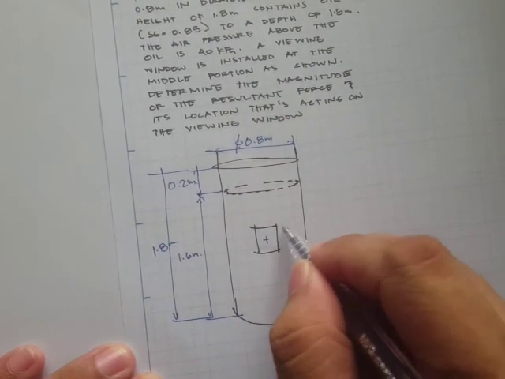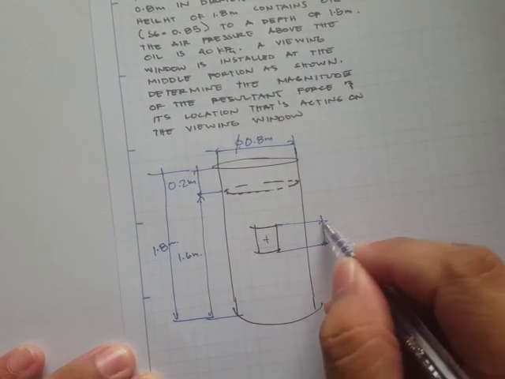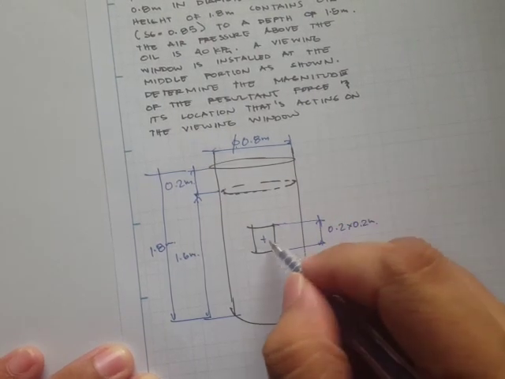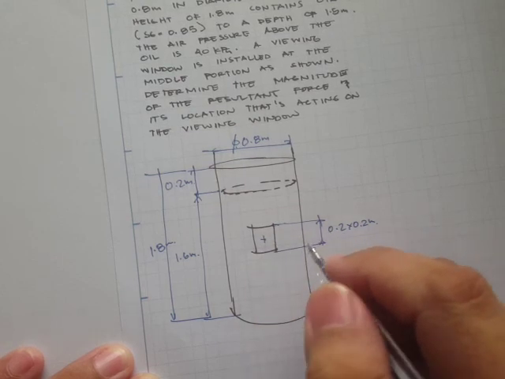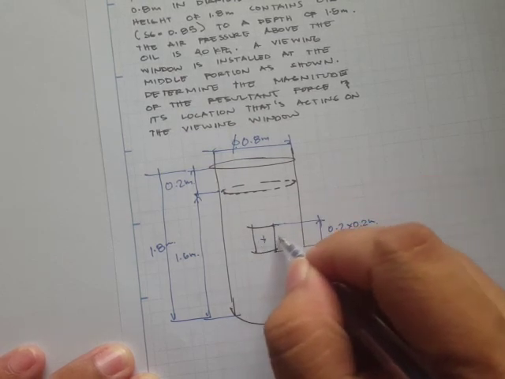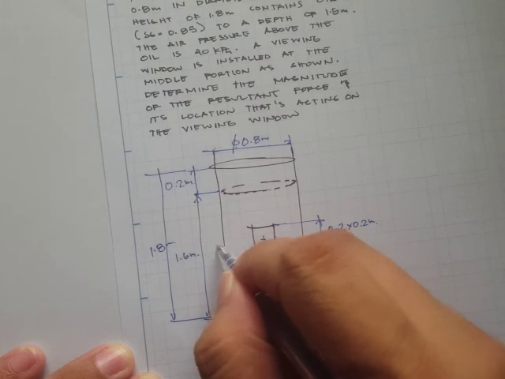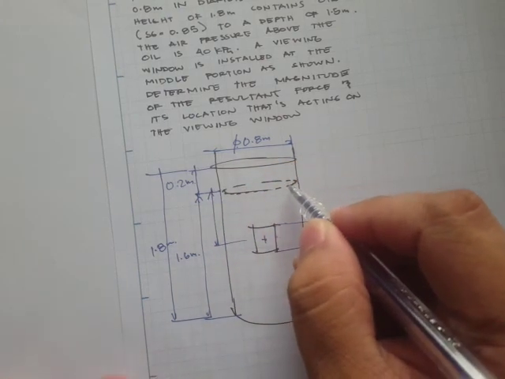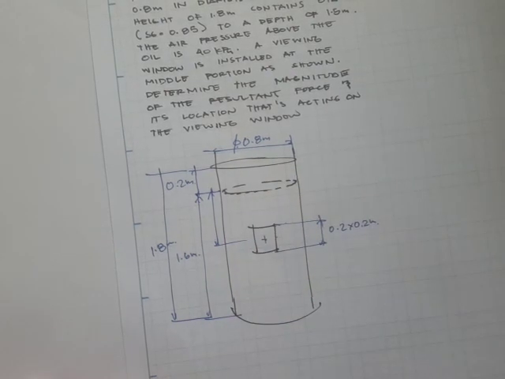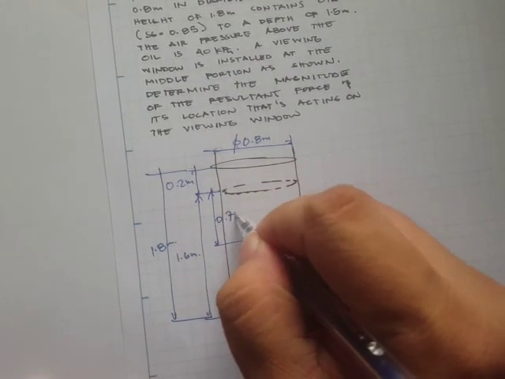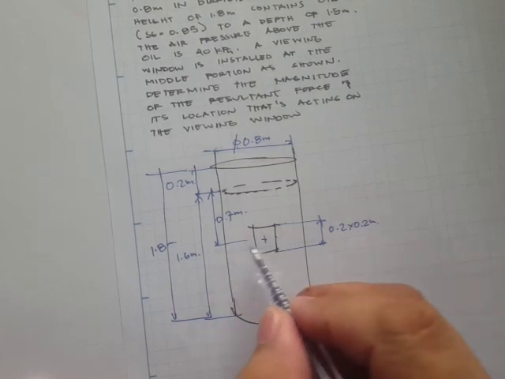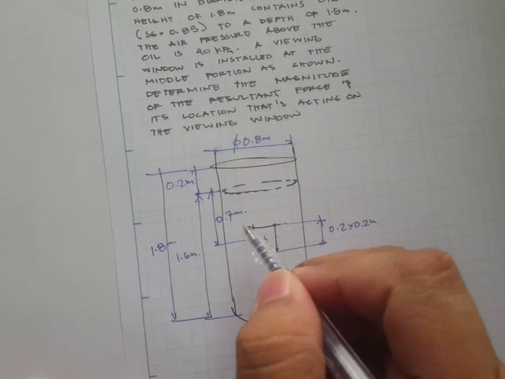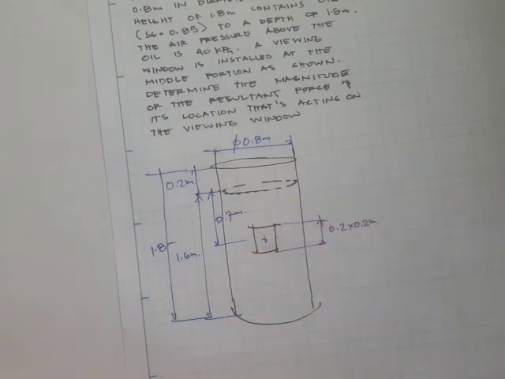Now this viewing window, it's 0.2 by 0.2 meters, and the location of this one from, let's say, this surface, that's 0.7 meters. Okay, so the half is 0.9, so 0.9 minus 0.2, that's 0.7 meters.